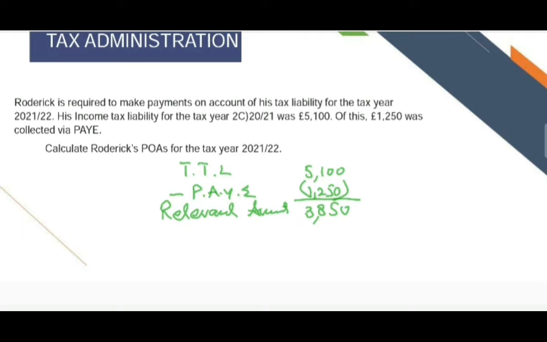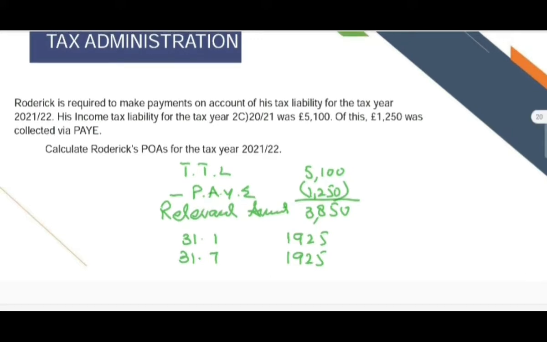Now you need to pay this amount on two different dates, on 31st January and on 31st July, in equal installments of 1925 each. One more thing you need to consider: first, the remaining figure is greater than 1000.